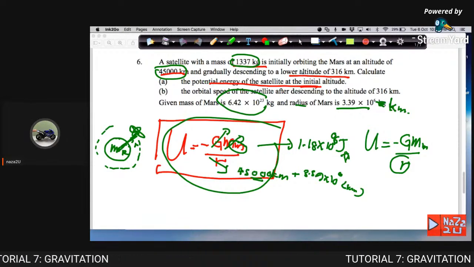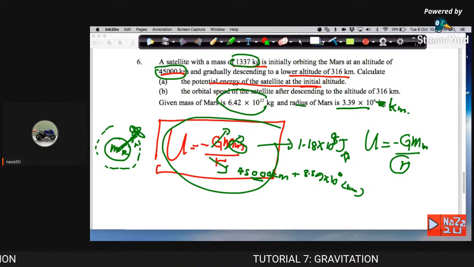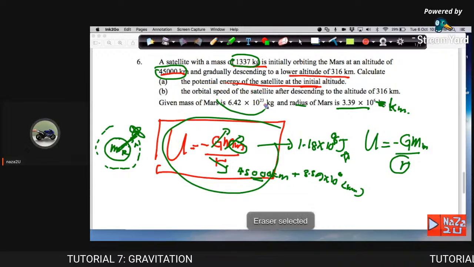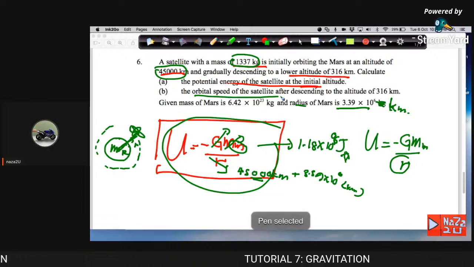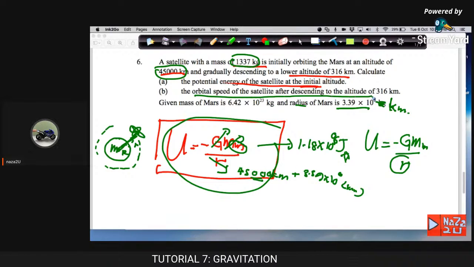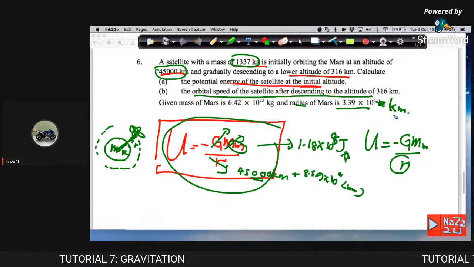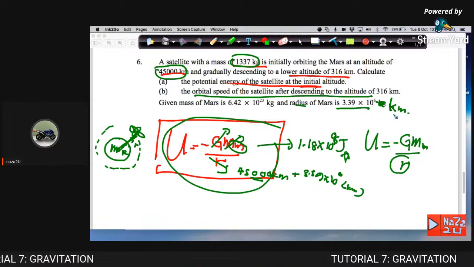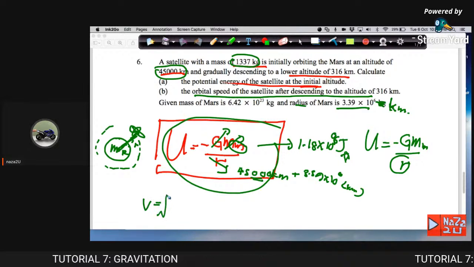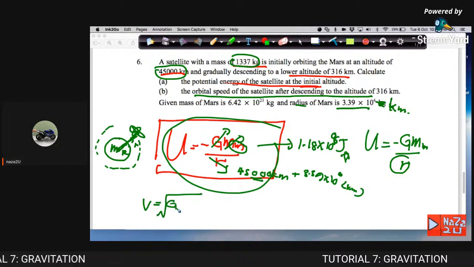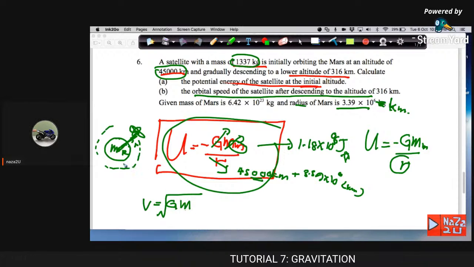Okay, so number 2, the second question asks you to find the orbital speed of the satellite after descending to altitude 316 km. So maksudnya kat sini altitude sudah berubah. Tapi untuk mencari orbital speed, persamaan kita tadi, orbital speed is the square root of GM of the planet divided by radius.